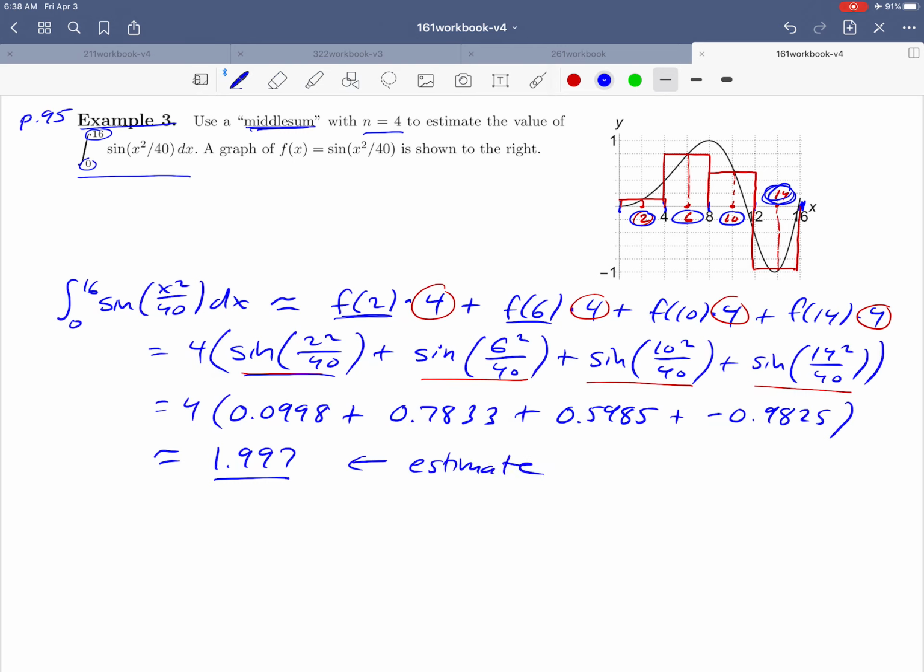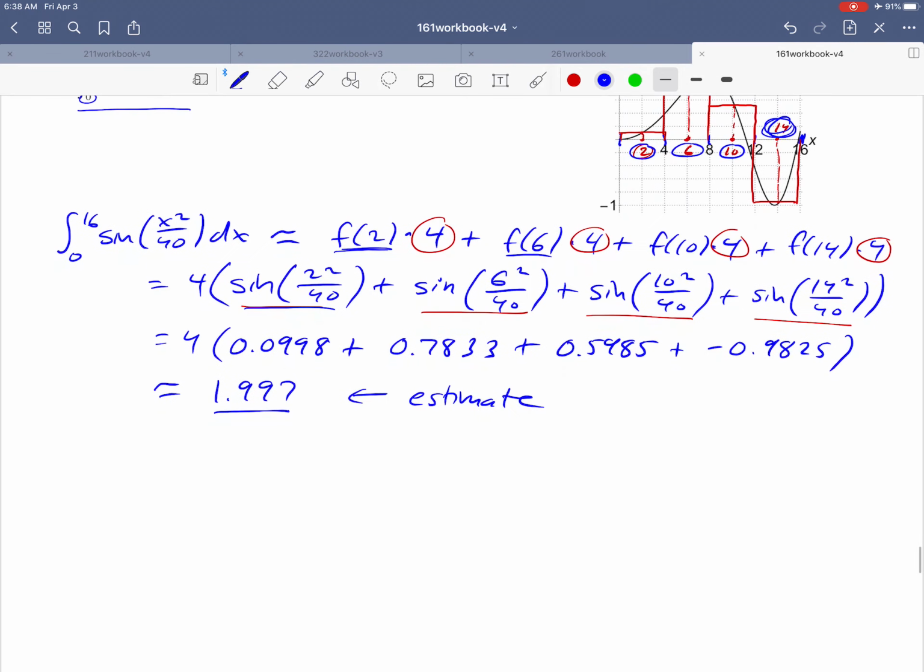Now there's one important note that came up in this example that we haven't seen before. The fact that we got a negative number over here tells us something interesting about how definite integrals work. The thing that I'd like to make sure that you write down somewhere is that that negative sign tells us that that last rectangle, the fourth one on the very right, actually got subtracted, not added.